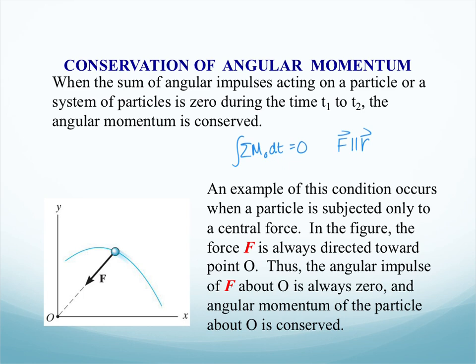A classic example of a central force would be gravity. That's one of the reasons we say that when planets are orbiting the sun, they experience a conservation of angular momentum, because the force of gravity does not exert a moment. And so because of that, the angular momentum is conserved.